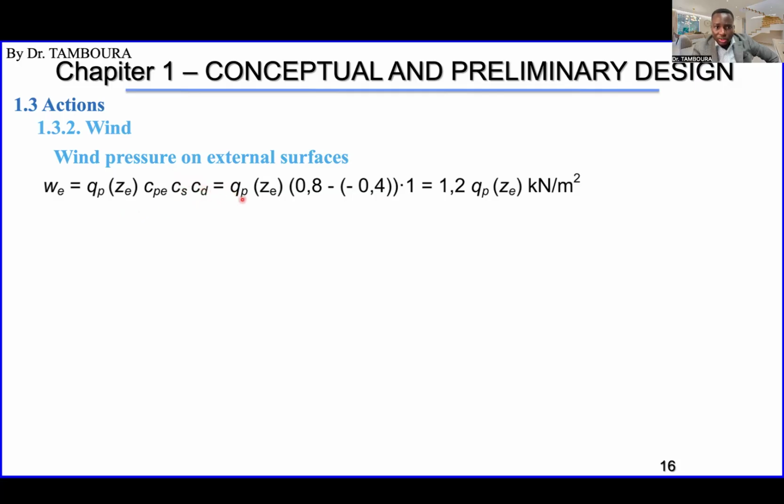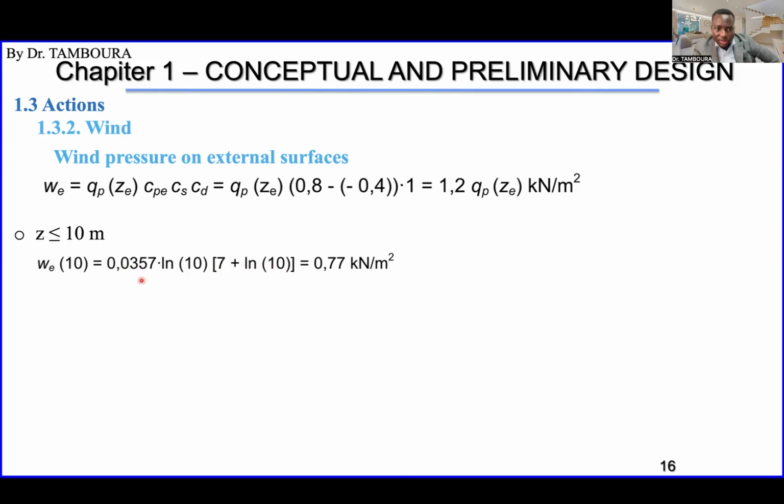So if we add all this, we obtain 0.8 minus 0.4 multiplied by 1, where 1 is the structural factor. Then we will obtain just 1.2 multiplied by the peak velocity pressure. So if we do that, for Z less than 10, we obtain this value.